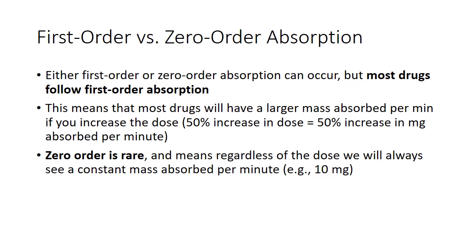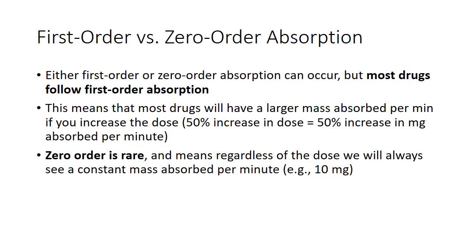So first of all, just like elimination, absorption could be first order or zero order. If you understand what first order and zero order means, then it'd be pretty easy to understand what that absorption process would look like in either of those cases. Most drugs actually follow first order. That means if you have 100 milligrams of drug in the intestine and 10% is absorbed per hour, which is probably really, really slow, but we'll just say, for example, 10% is absorbed per hour.